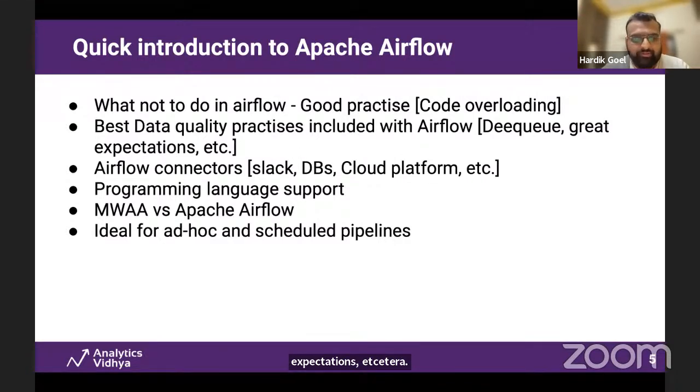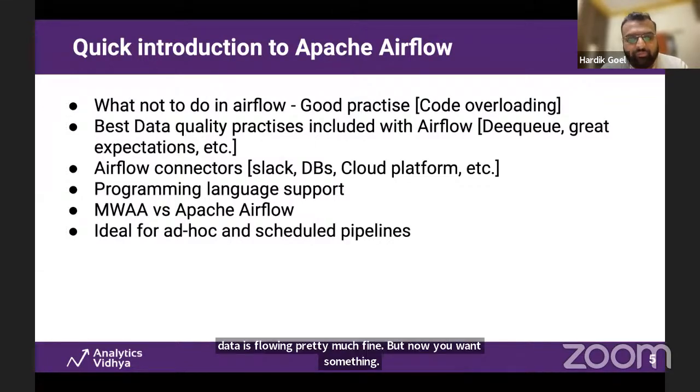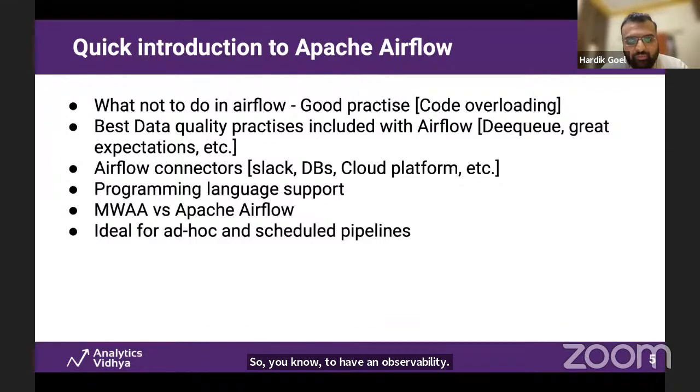So what happens is, for the people from a data engineering background here, for example, you have created some data, you have created some pipeline, your data is flowing pretty much fine, but now you want to have observability. You need data profiling or data observability. You want to validate your data. So tools like these, I would say these are libraries, come into play.